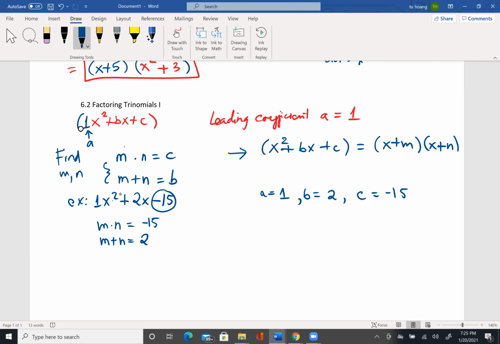So think about two numbers that have multiplication equal to negative 15 and addition equal to 2.